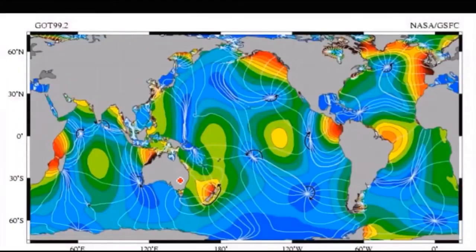So this is a better map, a more detailed map of the tidal nodes, and it shows another tidal node with this arrow around New Zealand. So New Zealand's another example of a tidal node that's not under the ocean, but still seems to affect the tides. And what I mean by affect the tides is you can see this arrow.